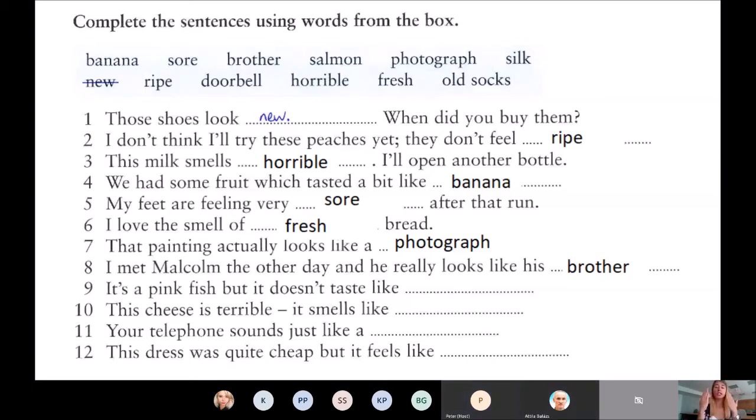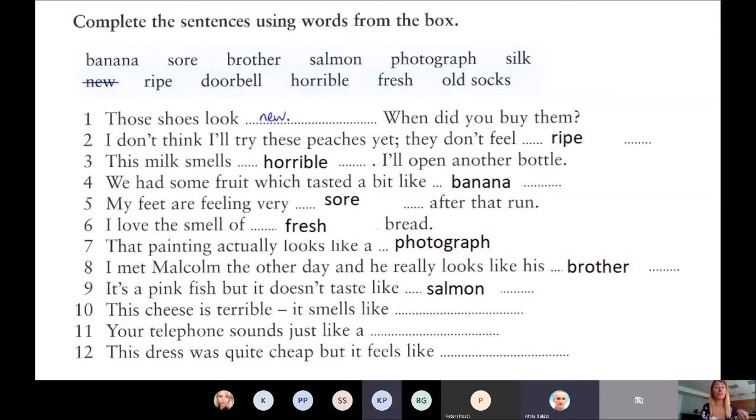It's not that they are the same person, but they look similar. What about number 9? It's a pink fish, but it doesn't taste like salmon.